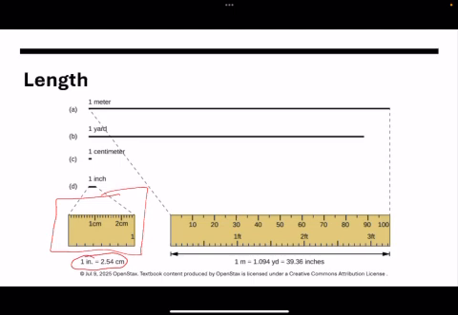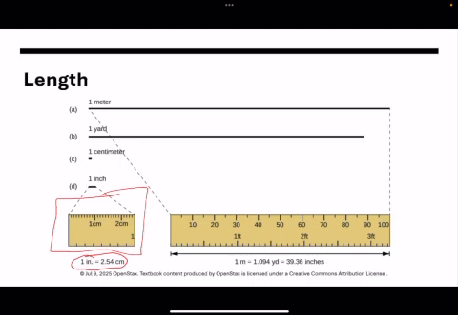And most rulers or a lot of even measuring tapes will have both the metric system and the imperial system on them. So you can see that a centimeter is about 2.5 times smaller than an inch.